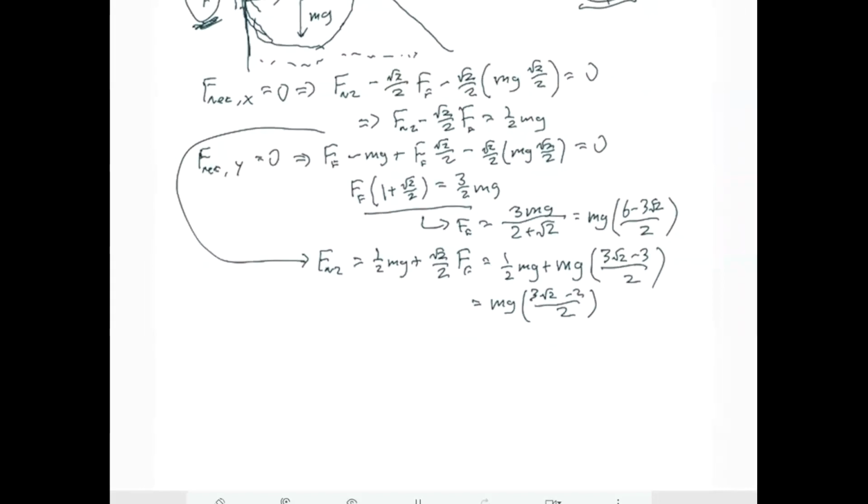And now the coefficient of friction we want is just F friction over Fn2, which is mg 6 minus 3 root 2 over 2, divided by mg times 3 root 2 minus 2 over 2. And let me just pull out a calculator to make sure I don't make any mistakes.